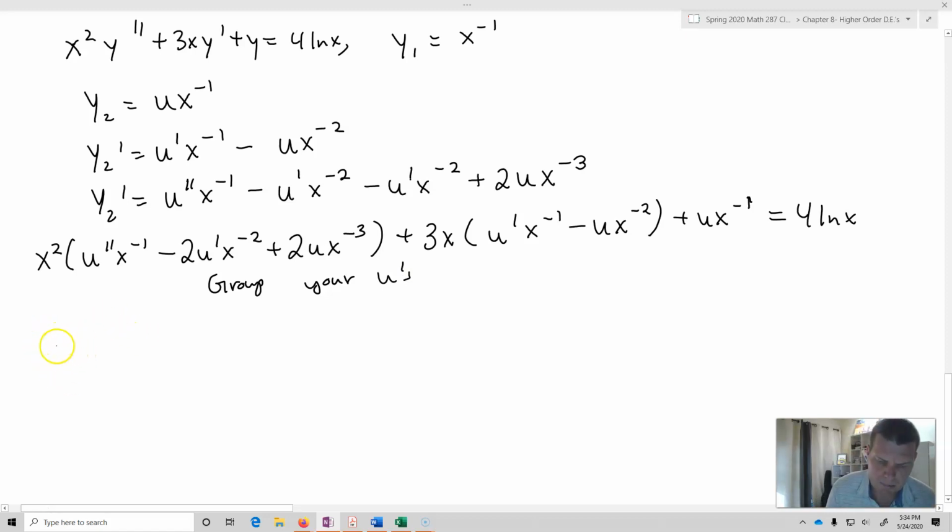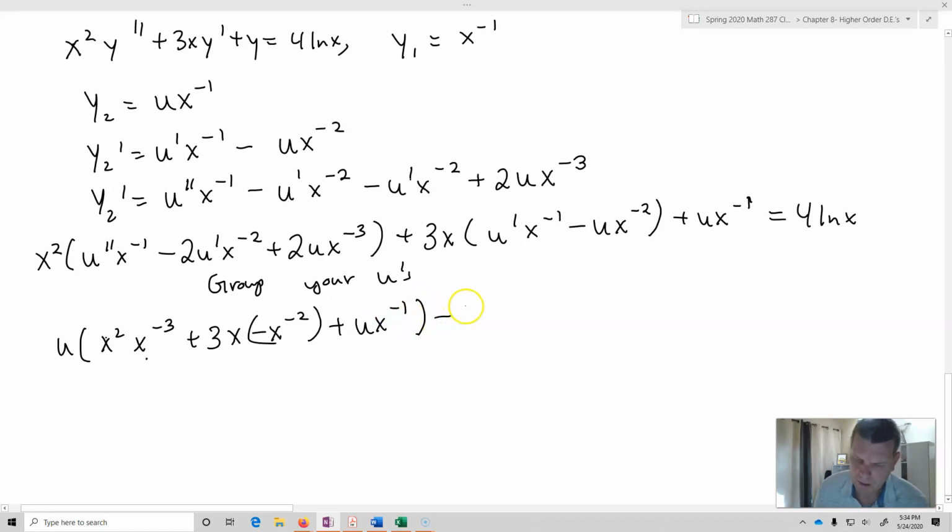So this is going to end up giving me u times x squared x to the negative 3. I want you to notice I'm not actually going to simplify; we'll do that in a moment. I want to demonstrate something. So it's x squared x to the negative 3, plus 3x times negative x to the negative 2, plus x to the negative 1.